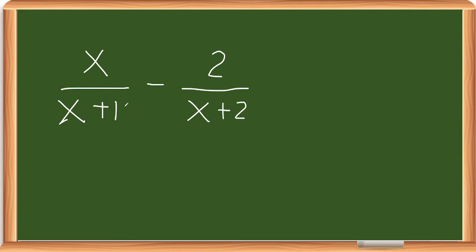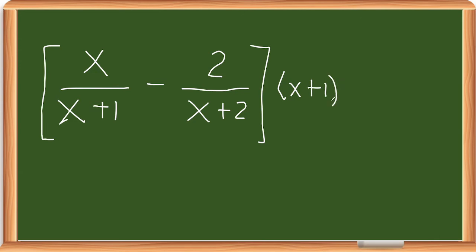Okay? Sabi ko nga, to get rid of the denominator, kung ano yung nasa denominator, yun ang imumultiply nyo. No? So, imumultiply nyo yung x plus 1 and x plus 2.